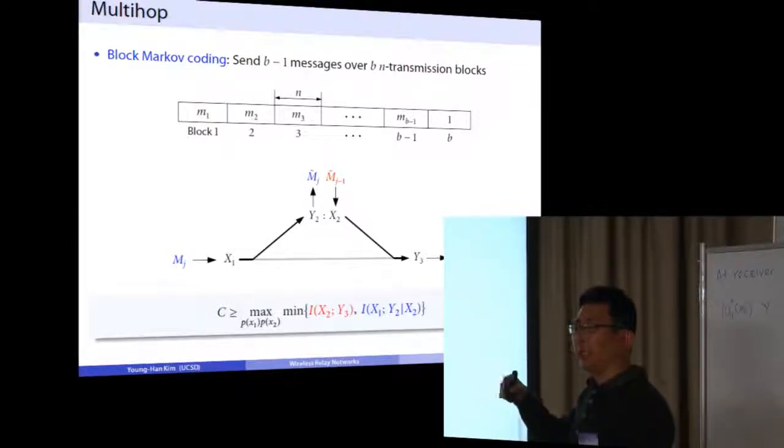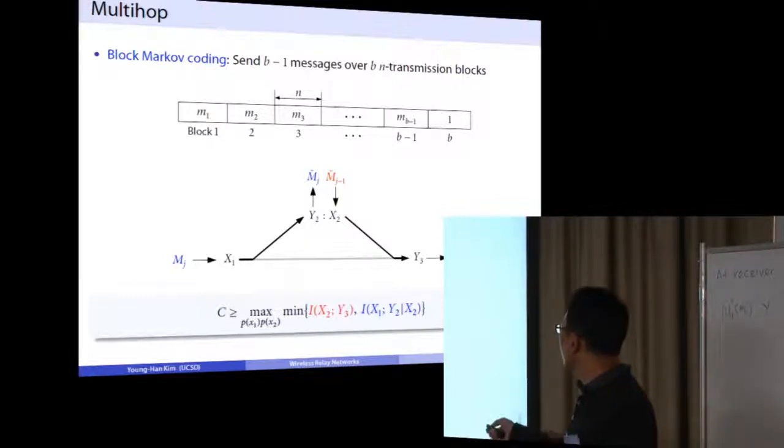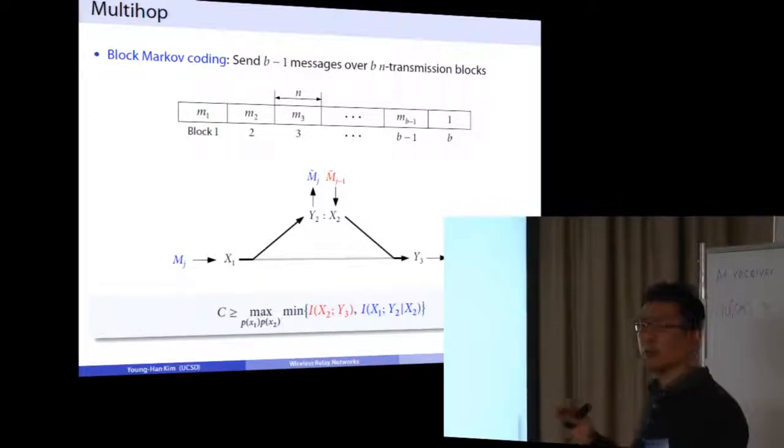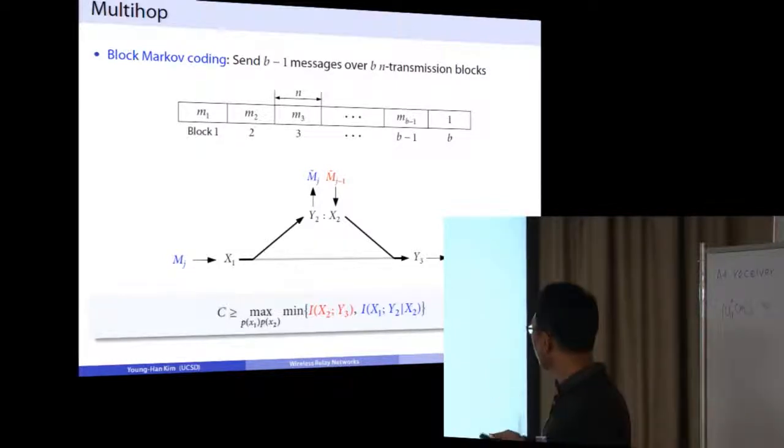So as long as the message rate, which is assumed to be the same over all messages, is less than the minimum, then we have reliable communication, and we have the freedom to choose arbitrary distributions for X1 and X2, so we can take the maximum. So this much is achievable. So this is a very simple multi-hop communication coding scheme.